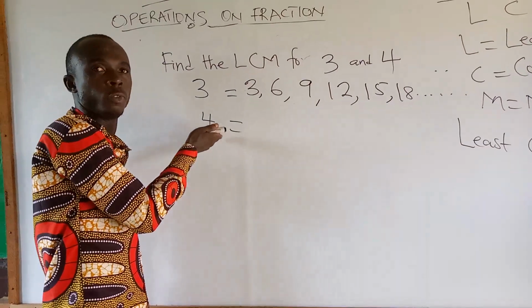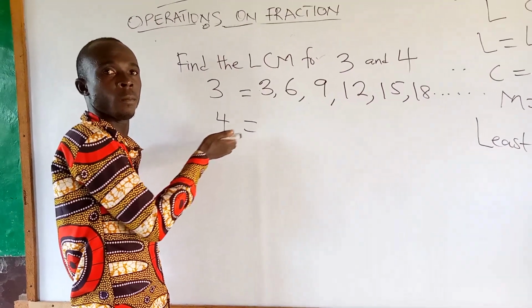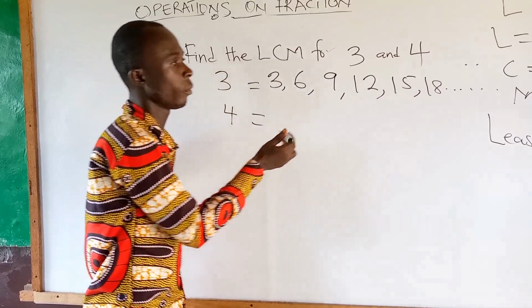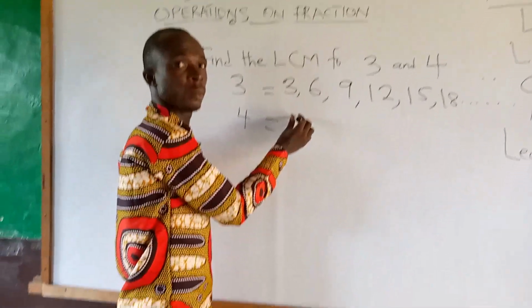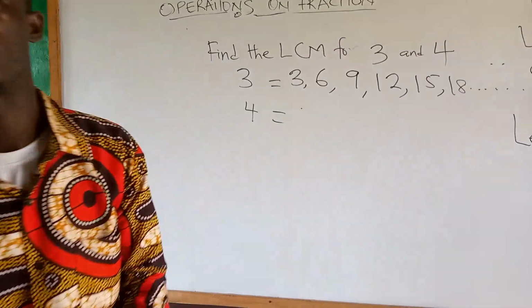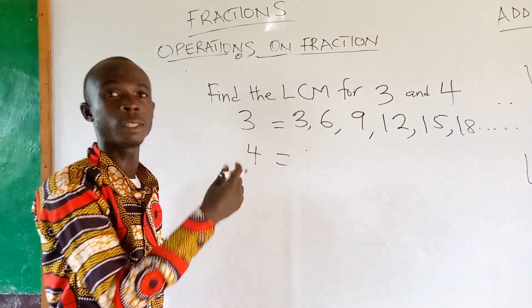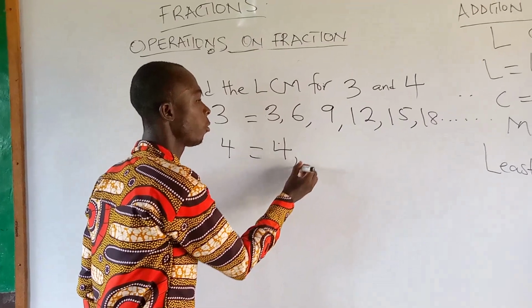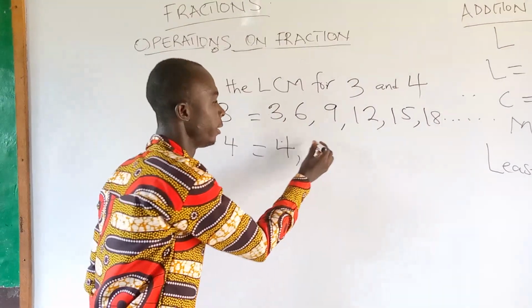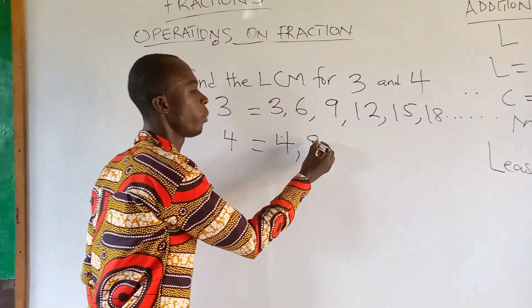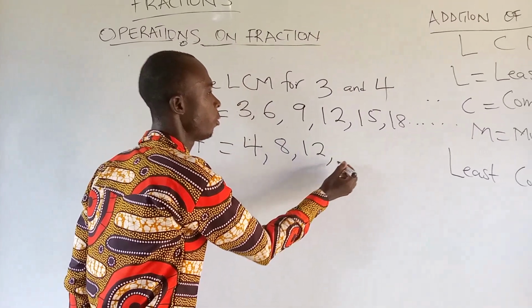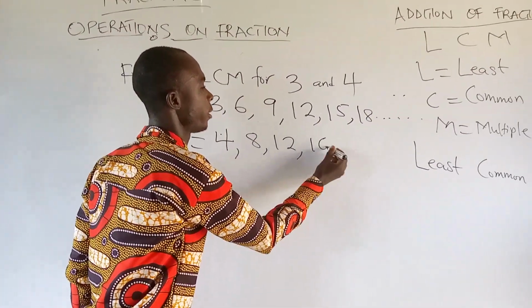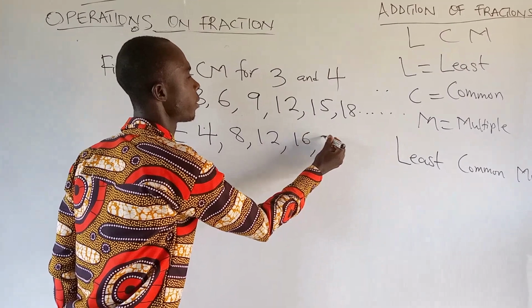Let's move on to 4. Let's find the multiples of 4. So it will start from 4. 4 plus 4 is what? 8. 4 plus 8, 12. 4 plus 12, 16. 4 plus 16, 20.